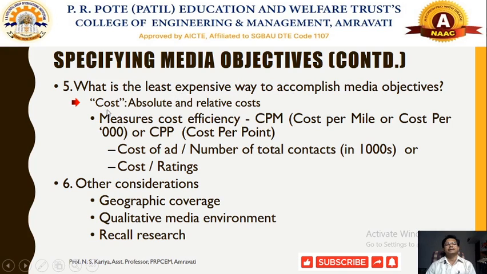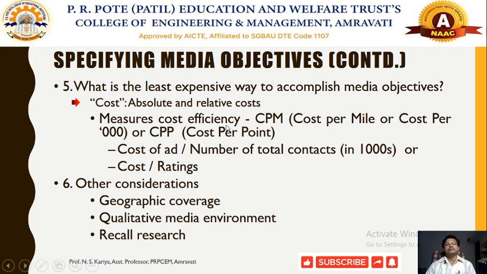So the cost factor with respect to the advertisement is one of the very important ingredients while defining the media related activities. There will be absolute cost or relative cost depending on the kind of media that you select for the advertisement, and this will help us to calculate the measure of cost efficiency.